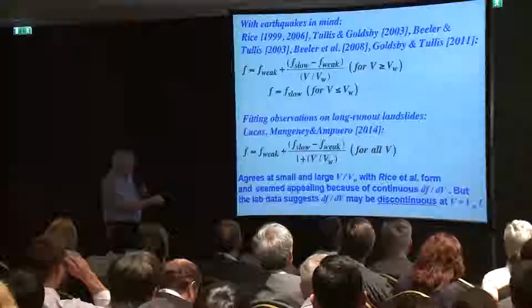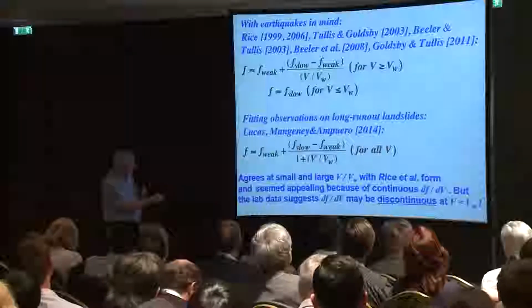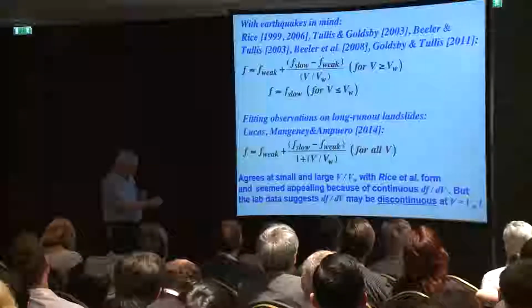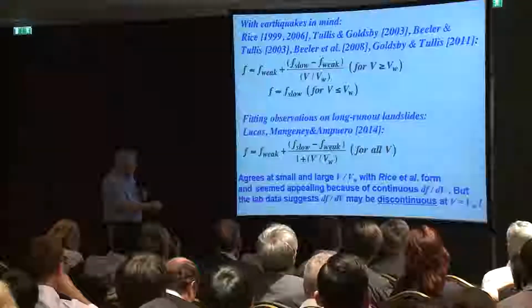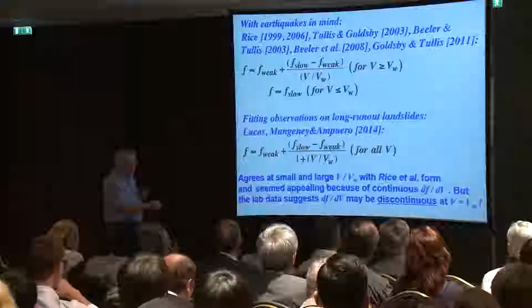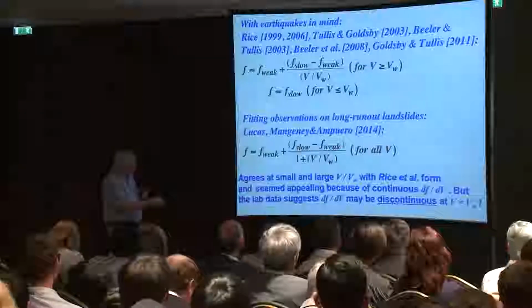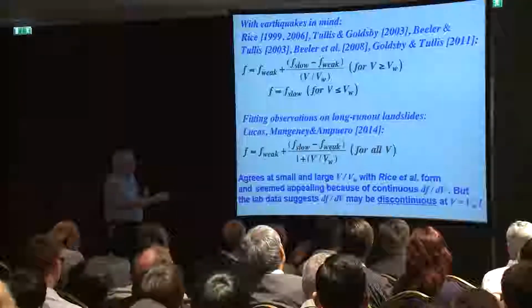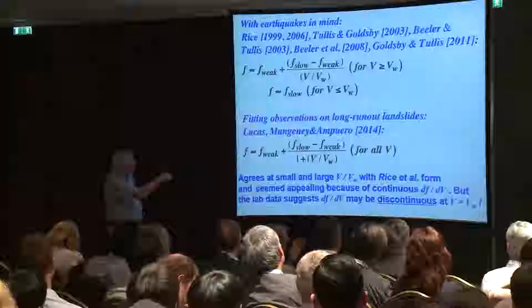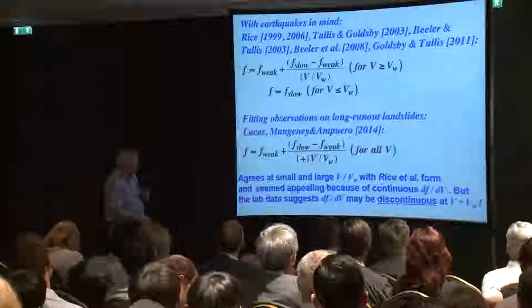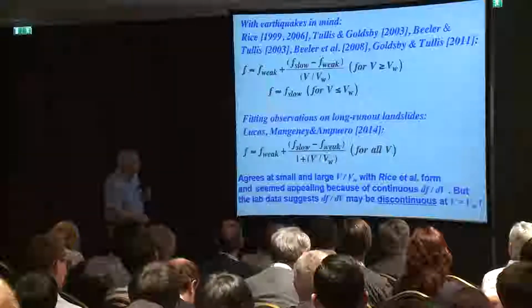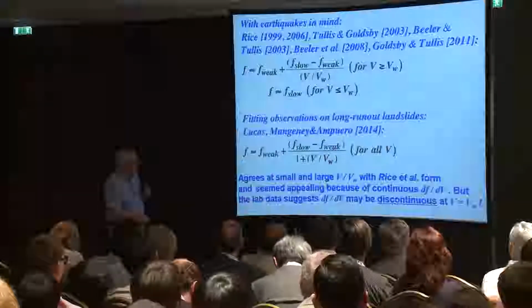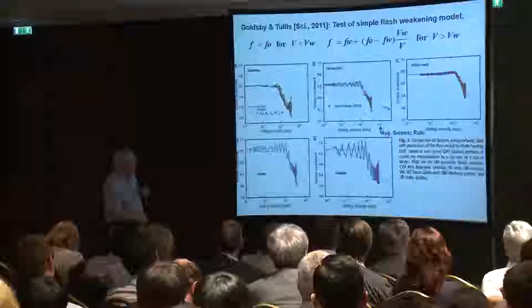This is Lucas, Mangeney, and Ampuero in Paris. And their law was of this form, which basically at large velocities compared to the weakening velocity corresponds to the simple flash heating law. So it looks like such a law also has some degree of validity for very large landslides as well.